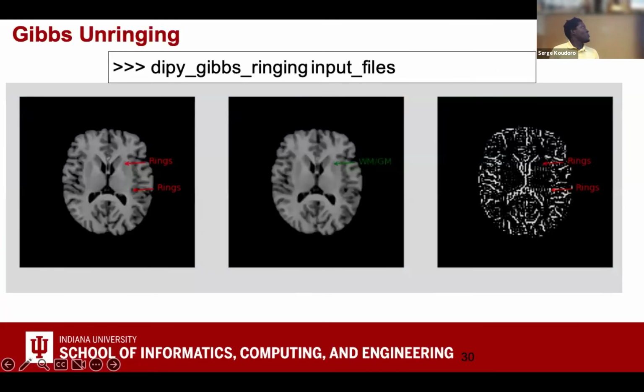So the next step is Gibbs ringing. What is Gibbs ringing? As some of you know, MRI scanners are based on Fourier coefficients to reconstruct the image.